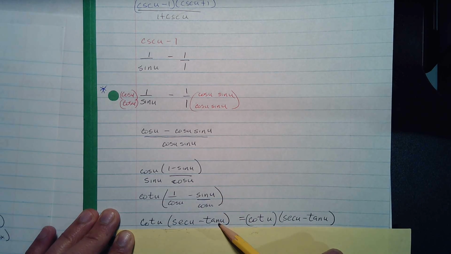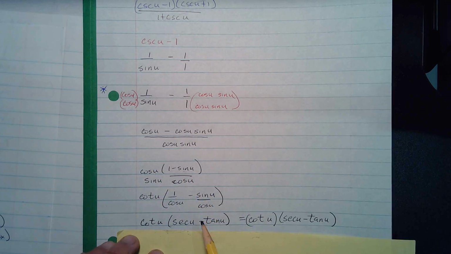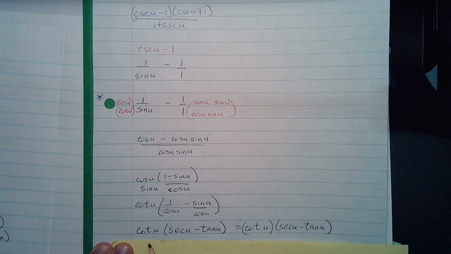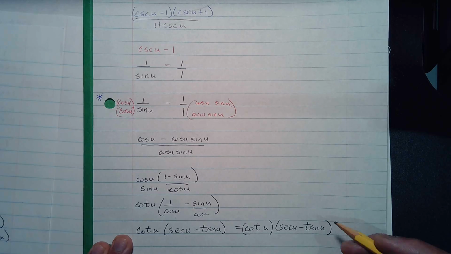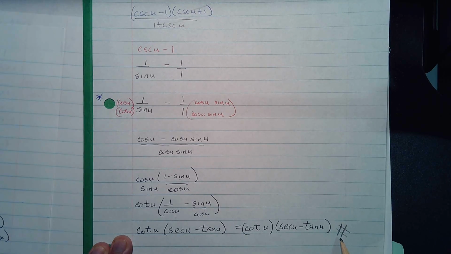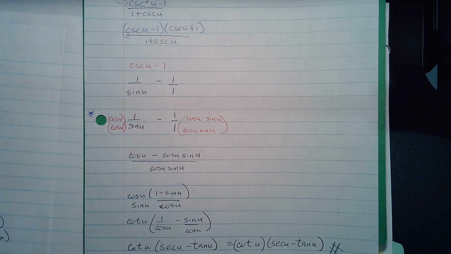Sine u over cosine u is tangent u. So from here, I broke this up into two partial fractions. And now we have the exact same order. The left side equals the right side. And remember to write this symbol, which means you are done with your proof. You're done with the problem.